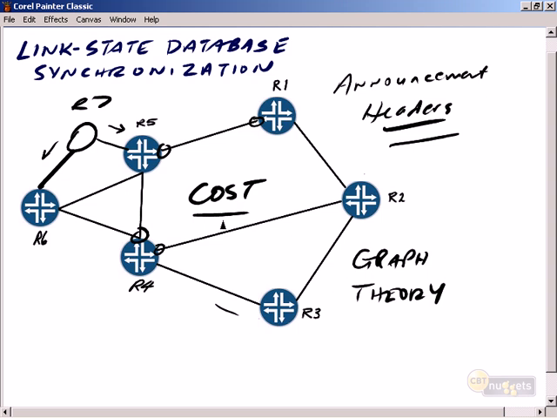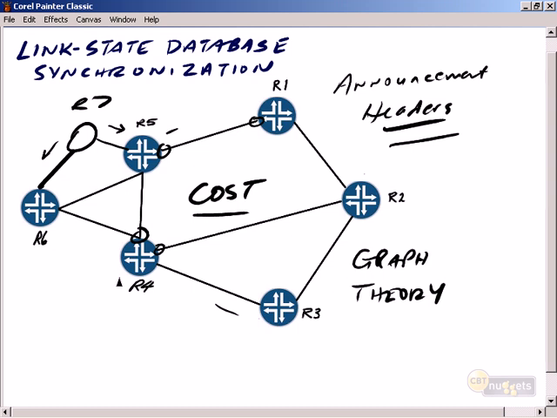Remember this going forward. Listen carefully, write it down, okay? Cost. Each number which is assigned to an interface, router 5, router 1, and so on, represents the cost of sending a packet out, egress, of the interface connected to the link.